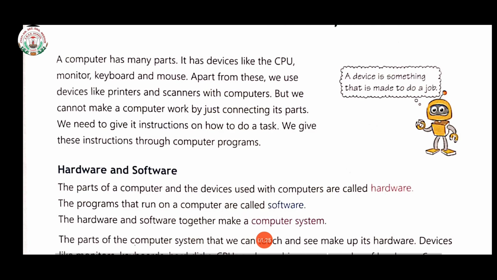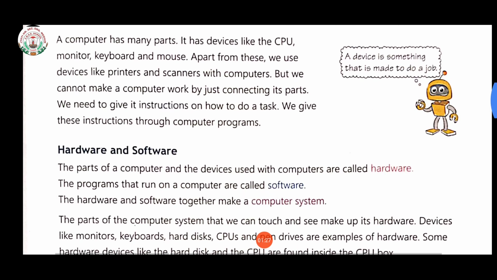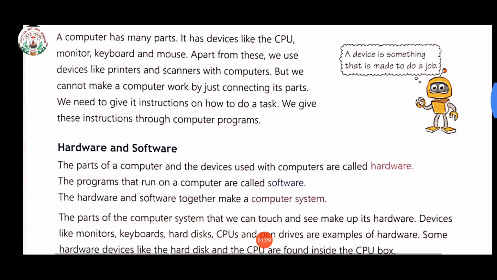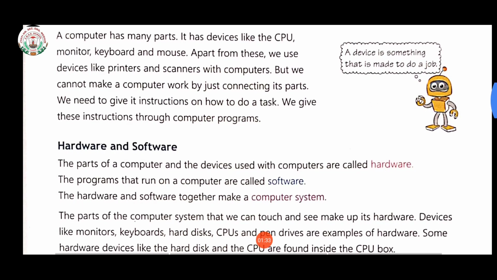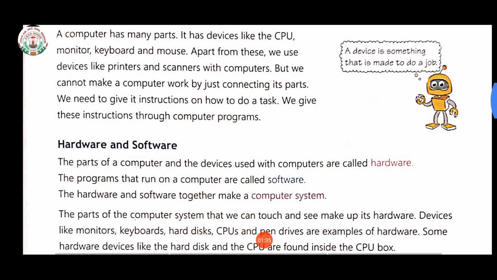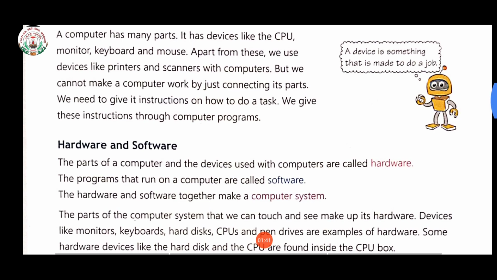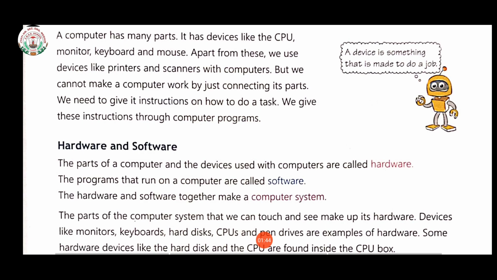Now students, I know you are all aware that a computer is an electronic device. As it runs on electricity, that's why it is known as an electronic device. And what do you mean by device?